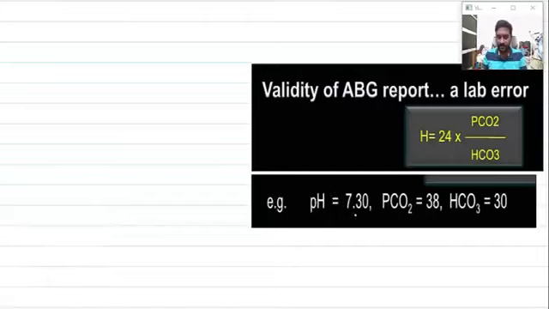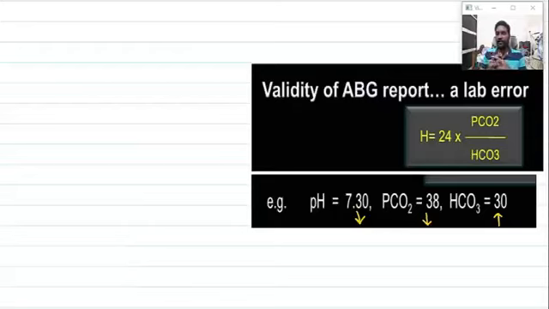If you see this ABG, pH has reduced, there is some acidosis, PaCO2 has decreased, and bicarbonate has increased. Whenever there is some acidosis, either CO2 should be increasing or bicarbonate should be decreasing. Now, if you see this pH, it looks inconsistent. So most probably there must be an error in the machine.